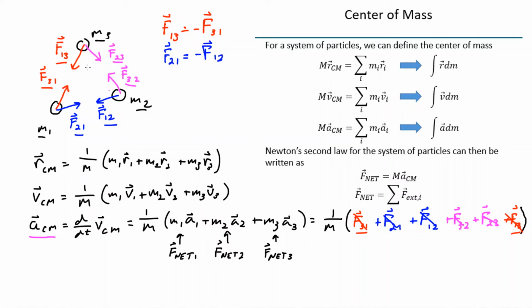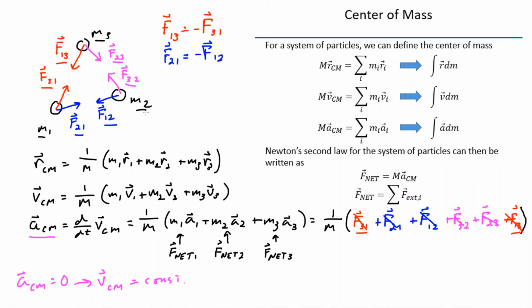They act between the masses in the system, but they're not coming from the outside. So if there are no external forces acting on the system, then I have no acceleration. And if A center of mass equals 0, that means that V center of mass is constant, right? Which is what I said in the previous slide.